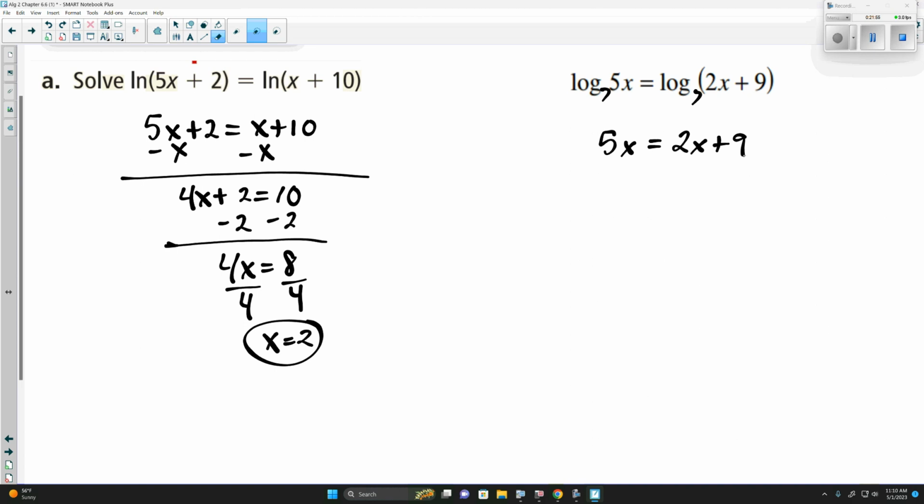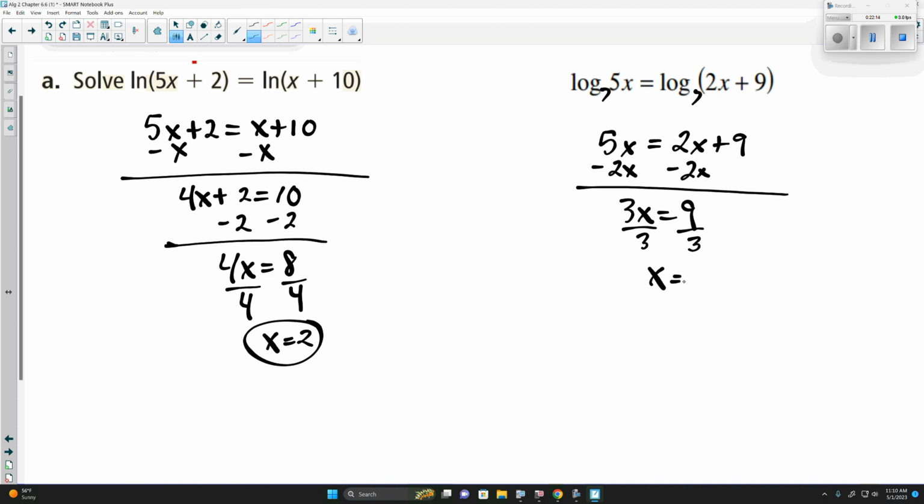Because for this one here, 5x is going to equal 2x plus 9. Now at this point here, we can subtract 2x from both sides, giving 3x equals 9. Then we would divide by 3, telling us x is 3. Any questions over any of this here?